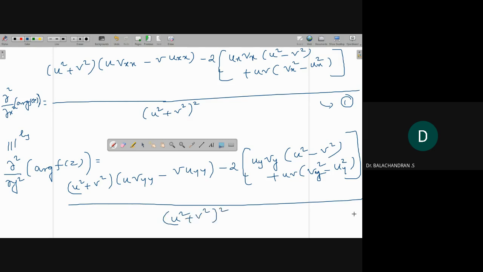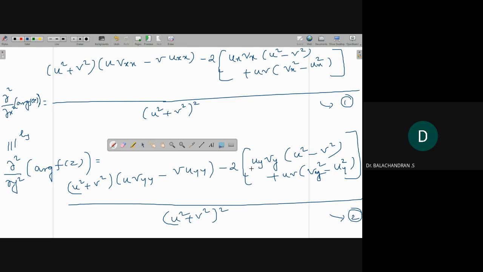So now we need to add equation 1 and 2 and get the answer. If you add equation 1 and 2, u square plus v square is common here. If I group these two, v xx plus v yy is 0. Similarly, if we group these two, u xx plus u yy is 0.